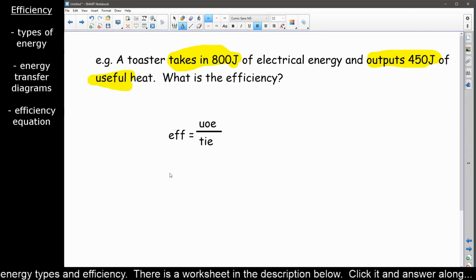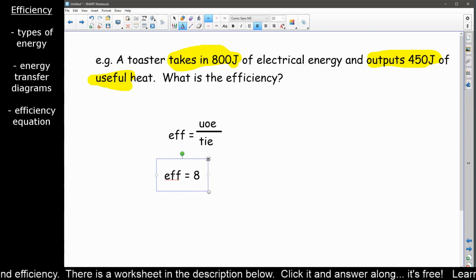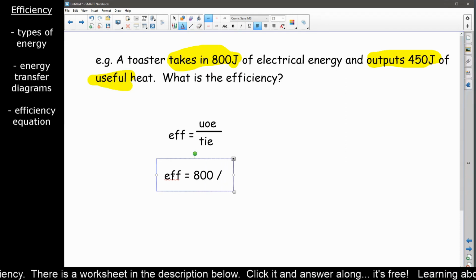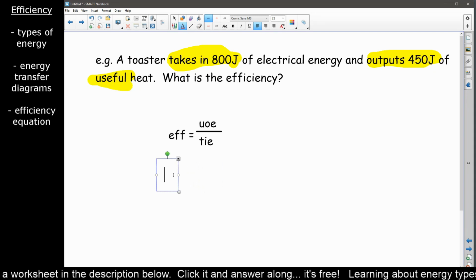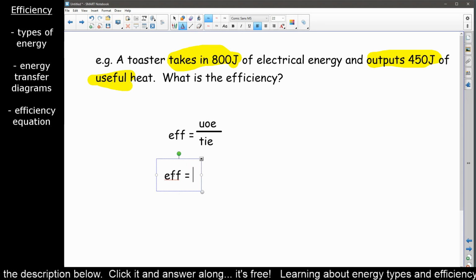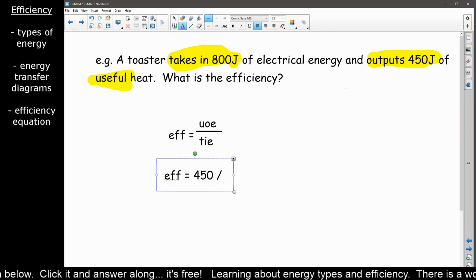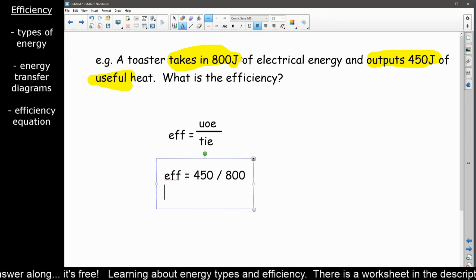The total bit's important. Put the numbers in, we get efficiency equals the useful output energy, outputs 450, divided by the total input energy, which if I remember correctly was 800. Just check my question, there it is.